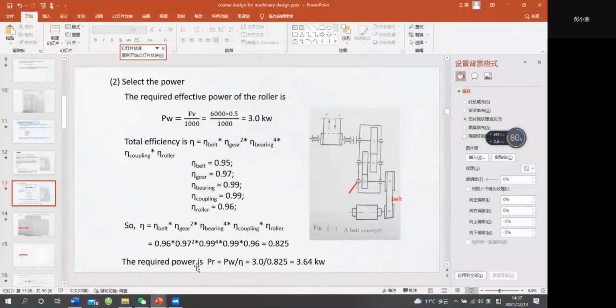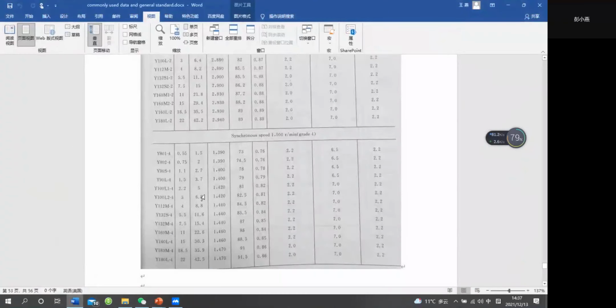So we should select the type with the rated power larger than the required power. The required power for the motor is 3.64, so it should be larger than 3.64. If we choose the synchronous speed 1,500, we can choose this type.